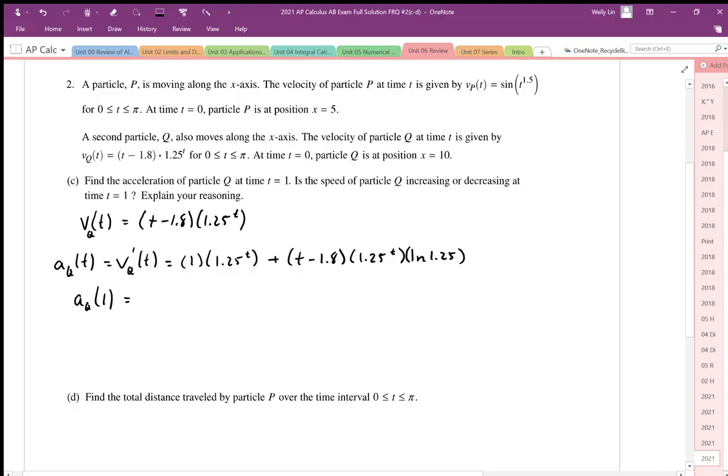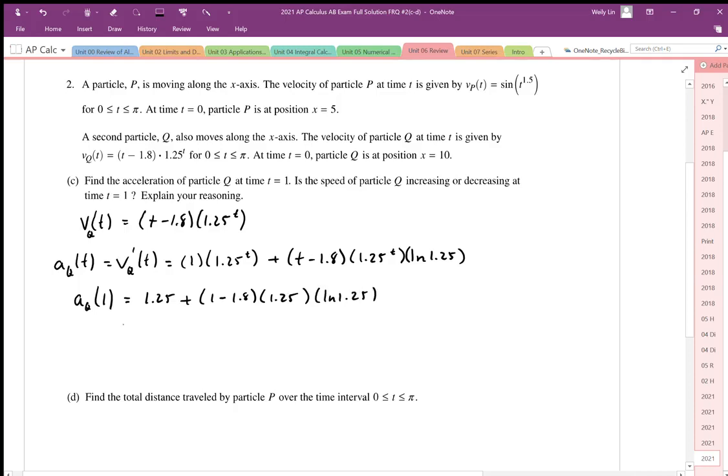So when I plug this all in using my calculator, I'm going to end up with 1.25 plus 1 minus 1.8. It's going to be 1.25 to the power 1, and then log of 1.25.